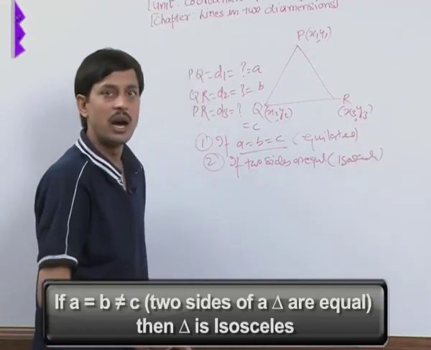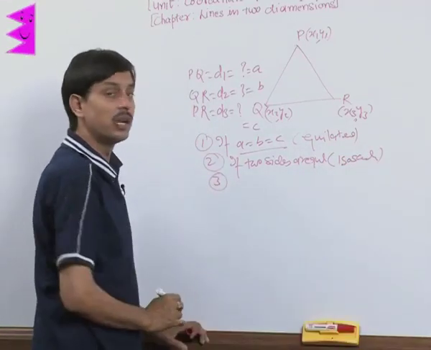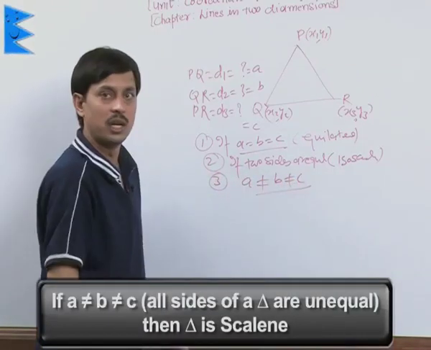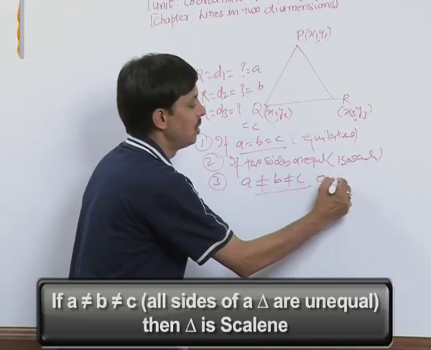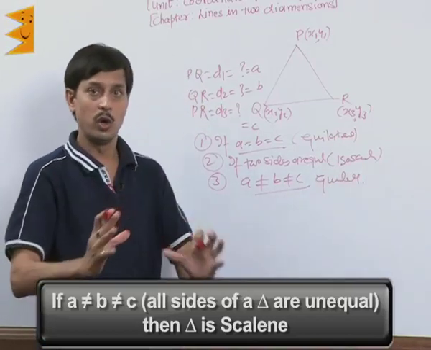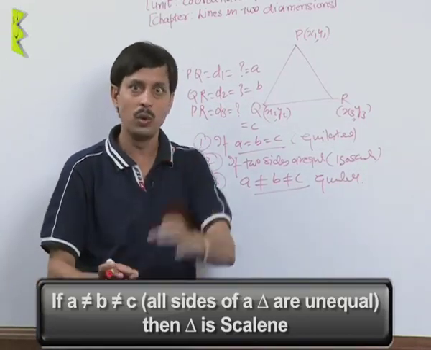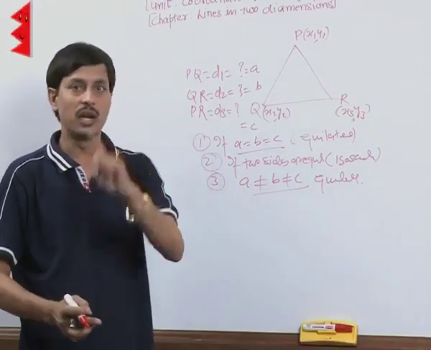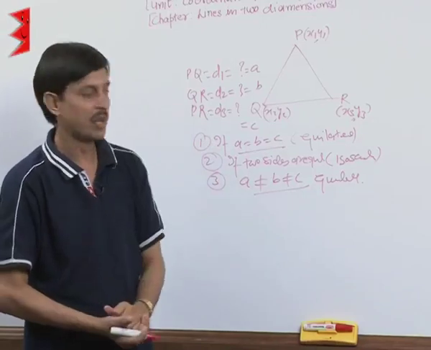In the third situation, if none of the lengths is equal to each other, we will say the triangle is scalene. So it is very useful to decide whether the triangle is equilateral, isosceles or scalene.